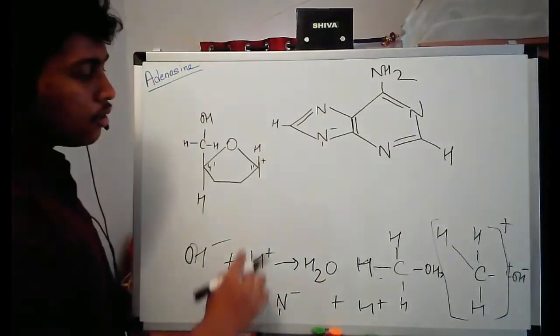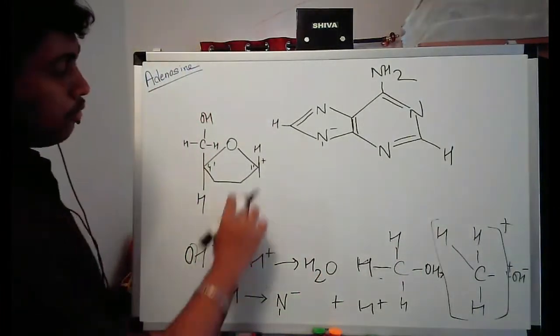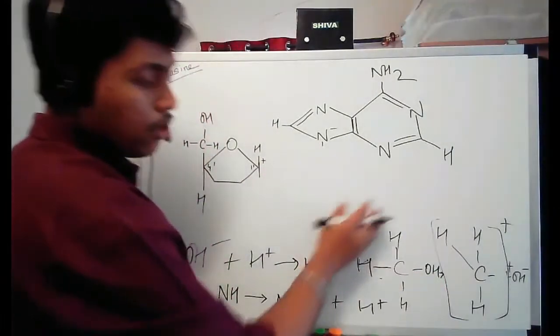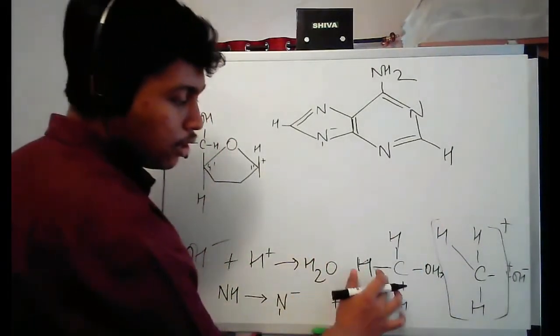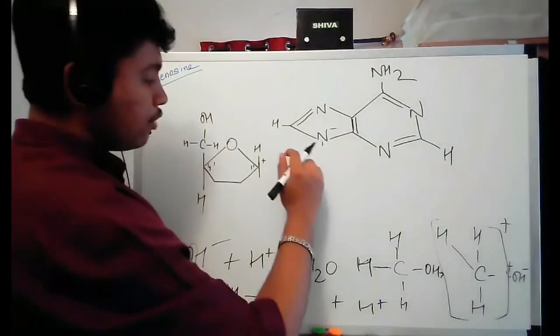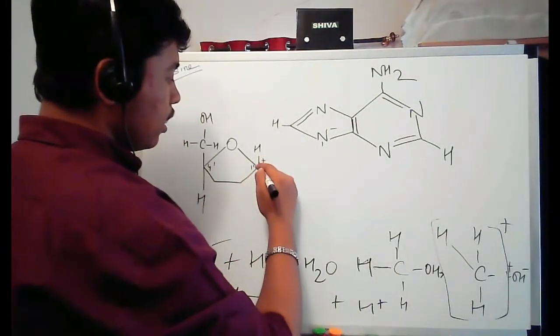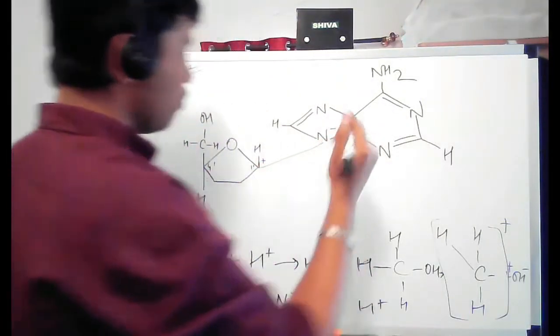N has a negative charge, whereas carbon was stable. Now the negative charge has been taken away, so it's now positive in nature. So the positive charge now attracts the negative charge, and in turn they bond with each other.